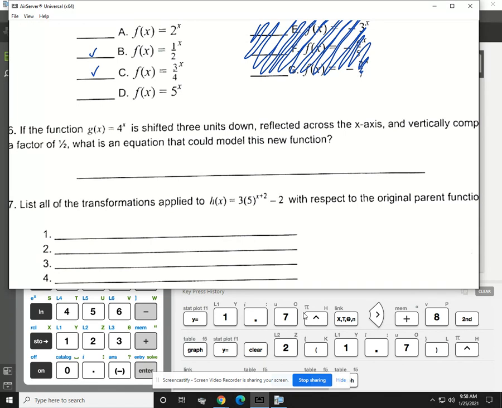Okay, so this one, they want us to take the parent function 4 to the x, and they want me to take the specific transformations that they list and add it to the equation. So it starts with shifted 3 units down. Where does that happen? A, H, or K?